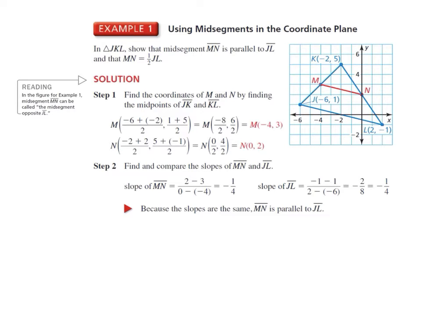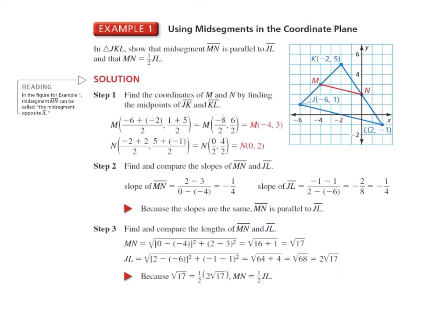Our third step is to find and compare the lengths of MN and JL, and that involves the distance formula. So we plug in the coordinates of M and N into the distance formula to find that the length of MN is square root of 17.